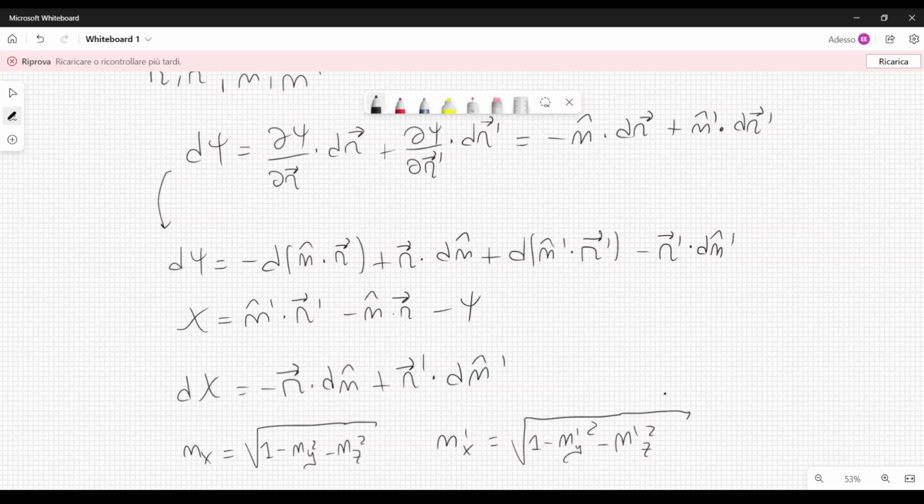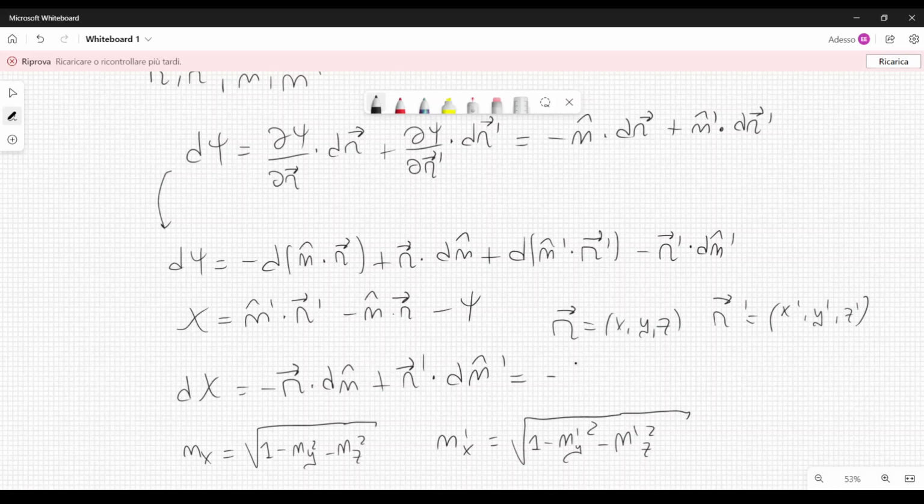And if we substitute these expressions into d chi, because d chi can also be written as minus, let's call the components of r as x, y, z, and the components of r prime are x prime, y prime, z prime.